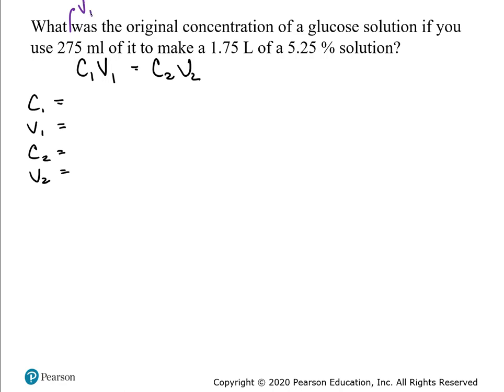So remember, volume is always going to be some kind of milliliter, liter. So then 1.75 liters, what is that? V2. So then 5.25% is C2. So I know 275 here, 5.25%.